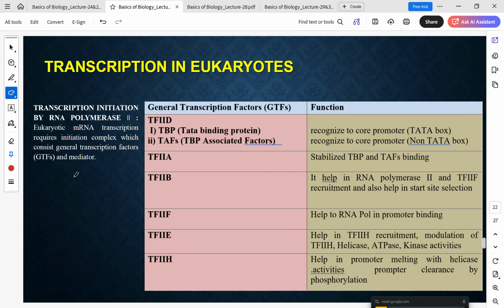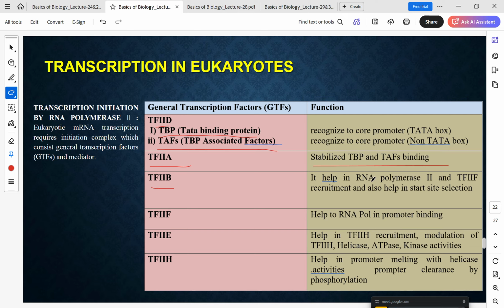There are other factors that are required for synthesis of the RNA apart from the polymerase. TF2D recognizes the TATA box or non-TATA, which essentially recognizes the core promoter, via TBP or TATA binding protein. There are two types, TBP or TATA binding protein, and TAFs or TBP associated factors. There is TF2A, which is responsible for stabilizing the TF2D.